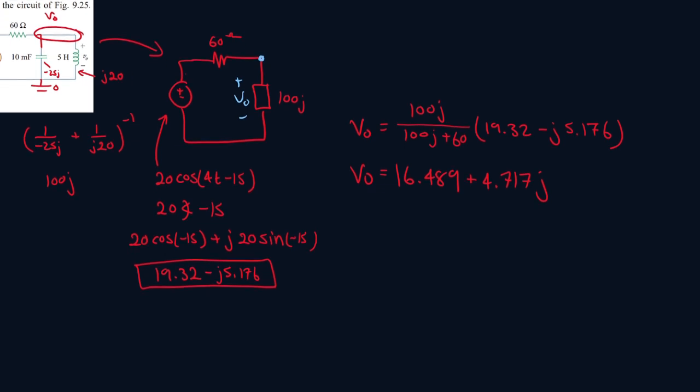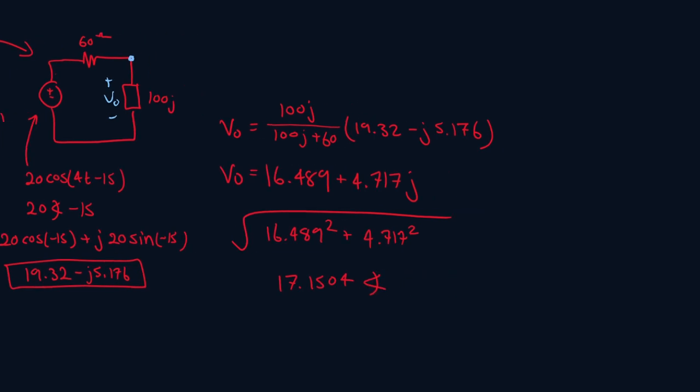Now to represent this in phasor format, we have to find the magnitude of these two. So it'll be 16.489 squared plus 4.717 squared, all to the square root. That gives me 17.1504. And then let's get our angle. It'll be tan inverse of the imaginary part first, 4.717 all over the real part, 16.489.